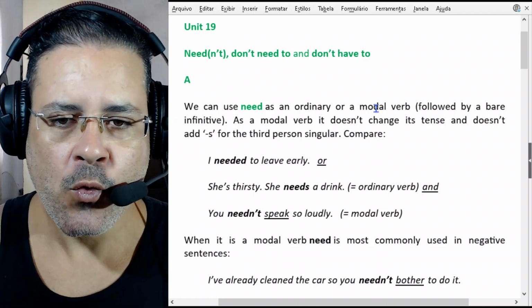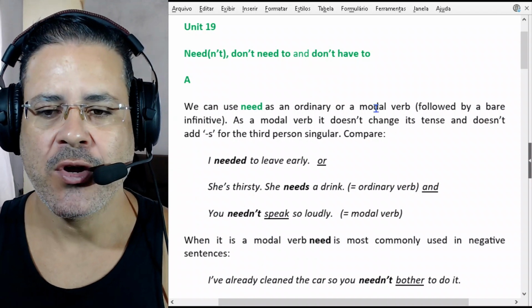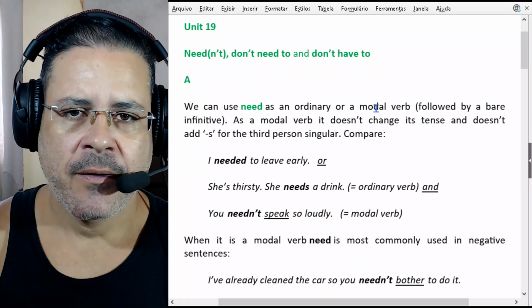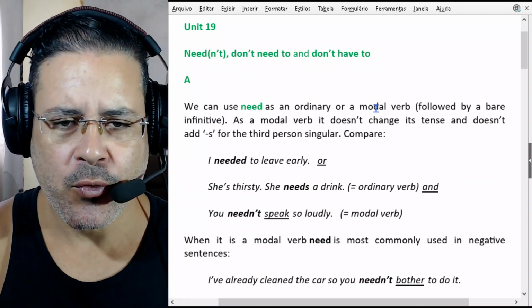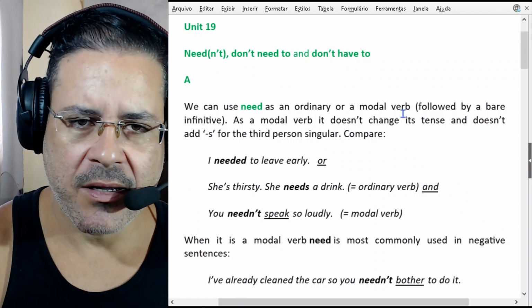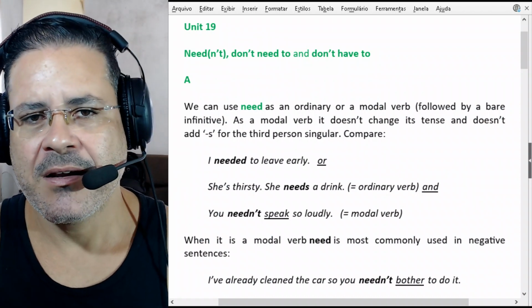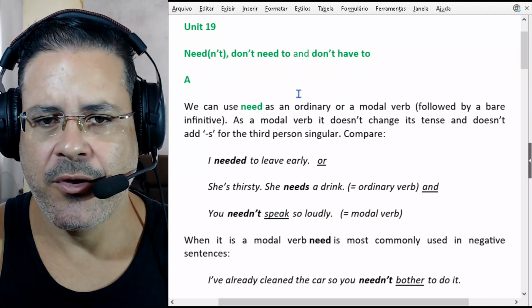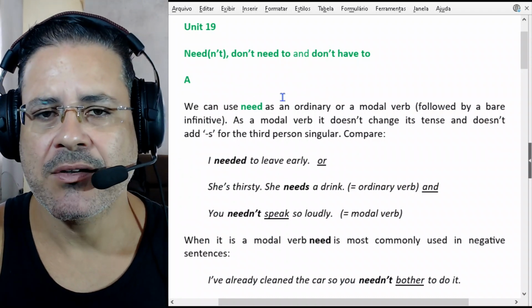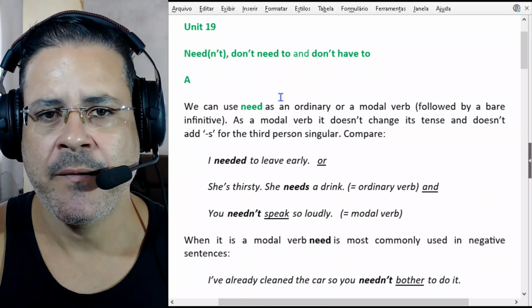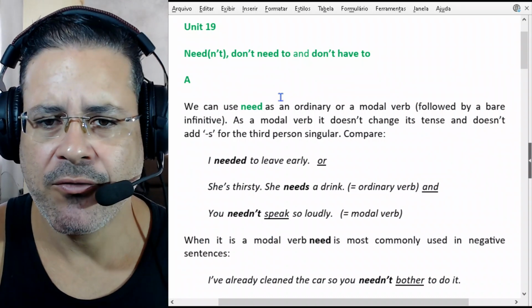Okay. Without any further ado, let's go straight, as I said, onwards and upwards to that lesson. In that section of those lessons, we're talking about modals and semi-modals, modal and semi-modal verbs.